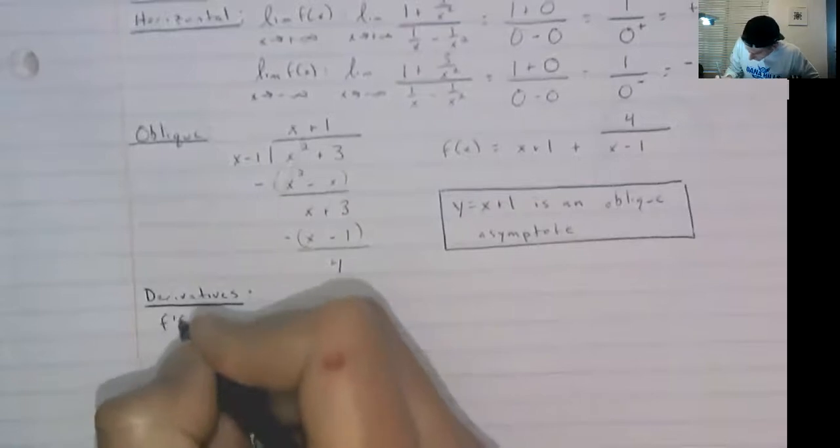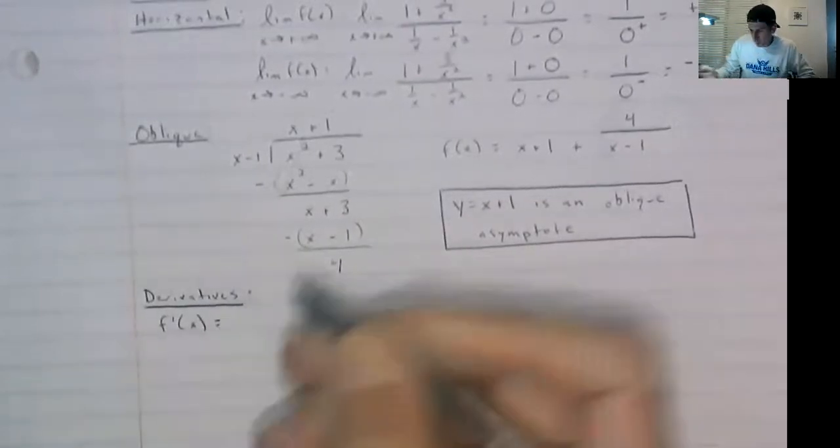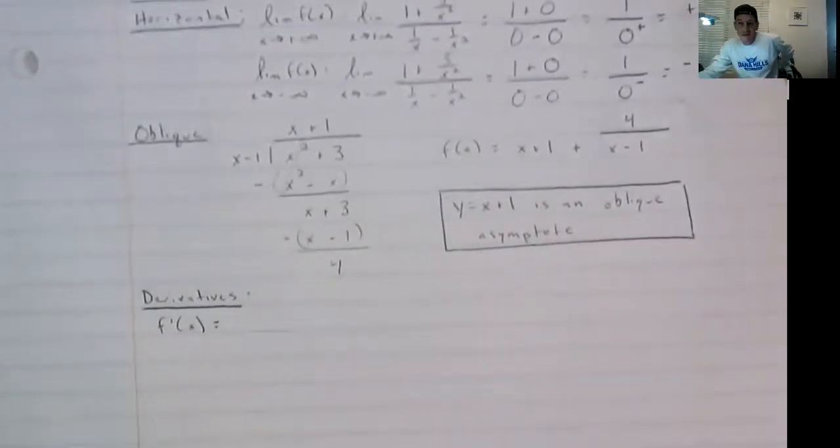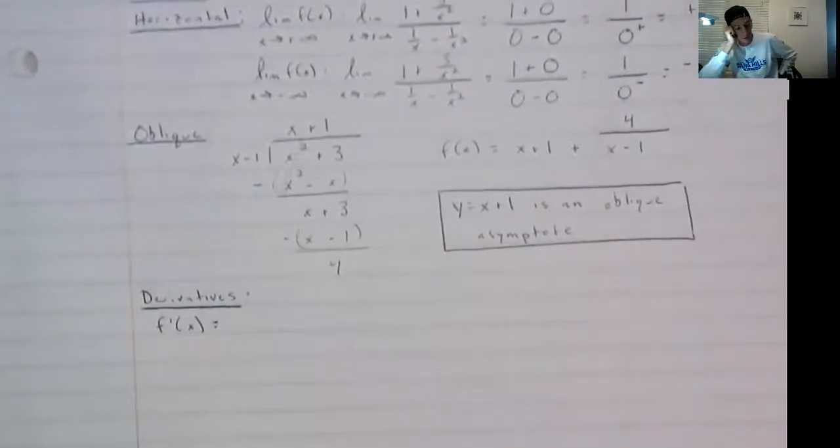F prime of x. I guess we'll use quotient rule. Yeah, quotient rule is probably the call. I mean, we could do product rule if we wanted to do x squared plus 3 times x minus 1 to the -1, but that might be more trouble than it's worth. Let's just suck it up and do quotient rule.